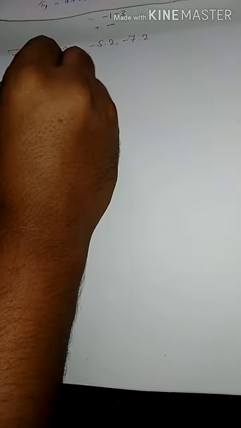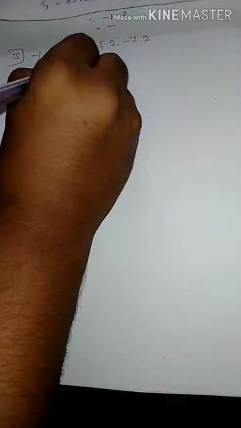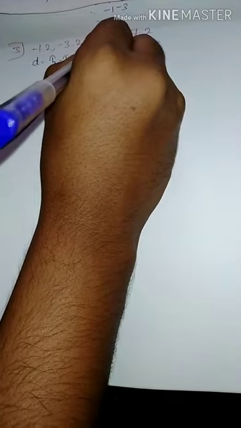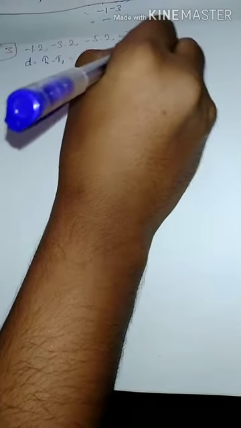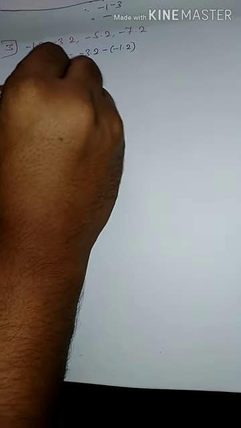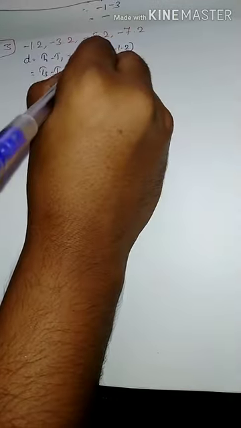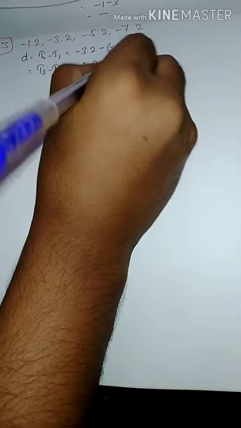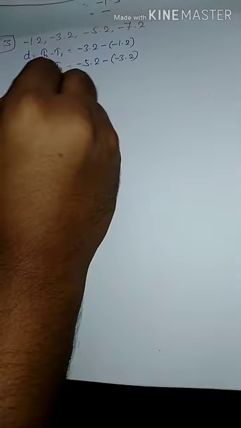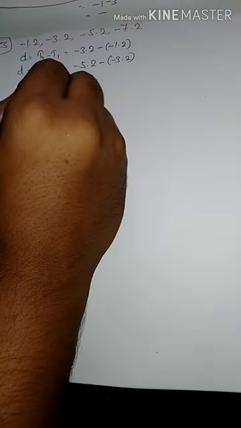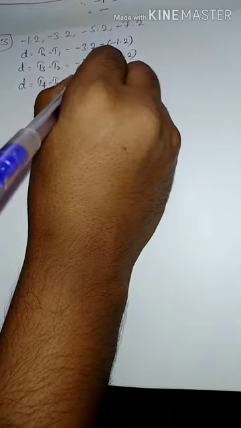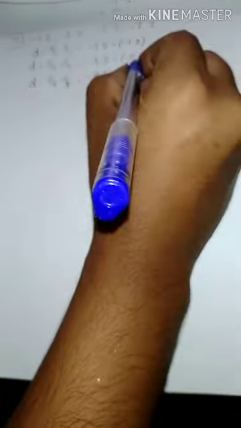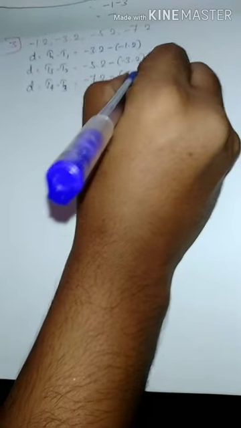So first find the common difference, d is equal to t2 minus t1. t2 is minus 3.2 and t1 is minus of minus 1.2, and t3 minus t2, t3 is minus 5.2 minus of minus 3.2, and next t4 minus t3, t4 is minus 7.2 minus of minus 5.2.